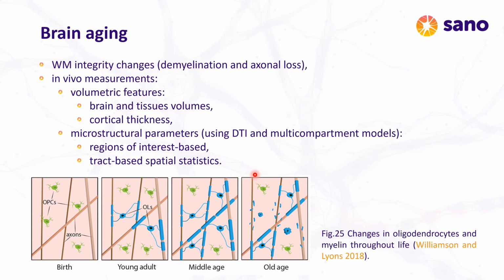Regions of interest are prone to the partial volume effect, and tract-based spatial statistics is based only on the FA skeleton, and therefore has limited anatomical specificity. In my research, I used a tractographic approach that allows avoiding these problems and analyzing changes in microstructural parameters along the trajectories of white matter pathways.